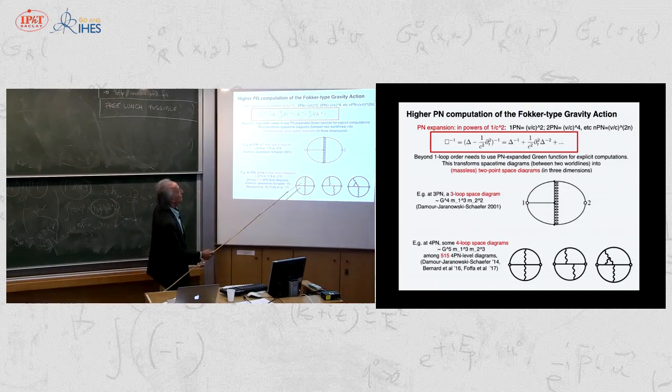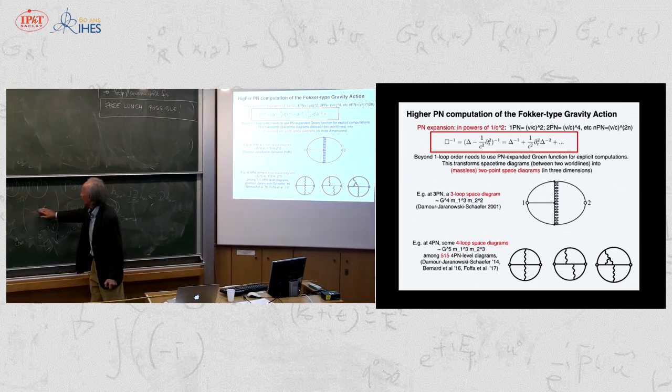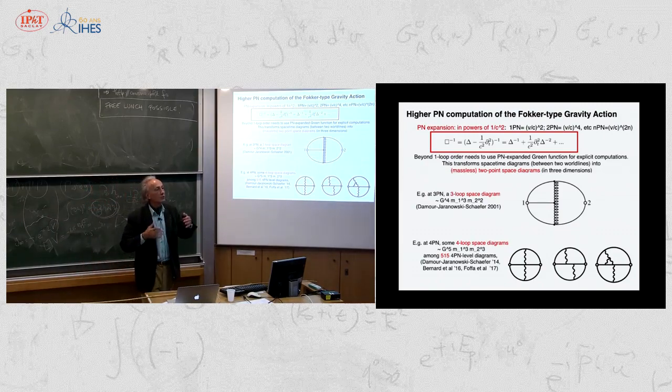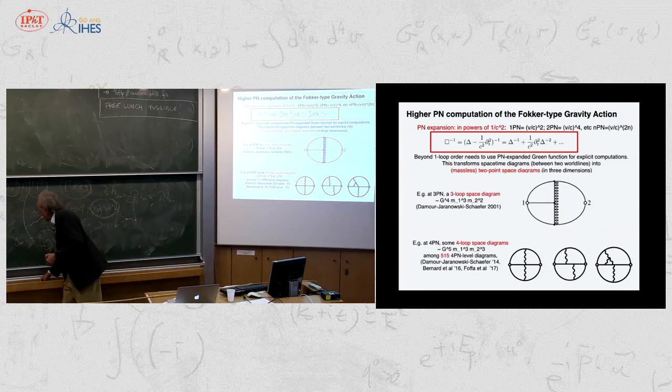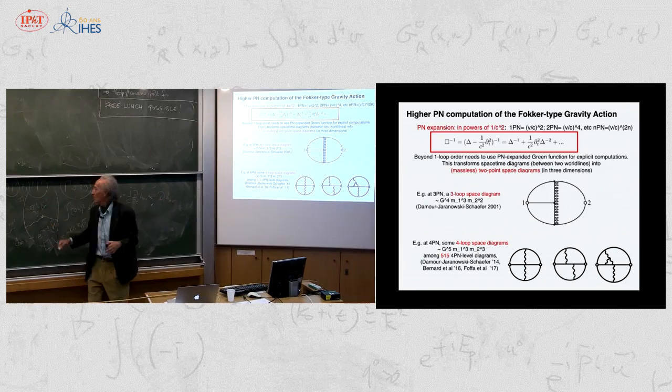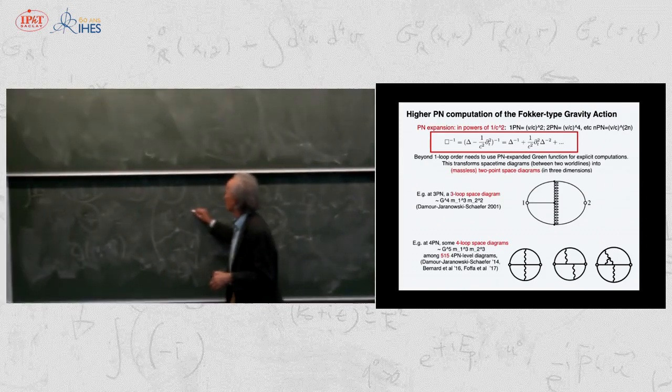Let me just describe technically what you compute. Initially I said that given 2 world lines, what you have to compute is the effective action due to the exchange of gravitons and nonlinear gravitons between the 2 world lines. But when you do it in a post-Newtonian sense, you replace the retarded propagator, box^-1, by Laplace^-1, which is an instantaneous propagator, plus corrections that you must take into account, evidently.